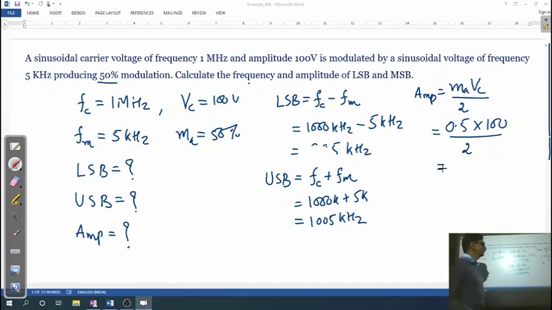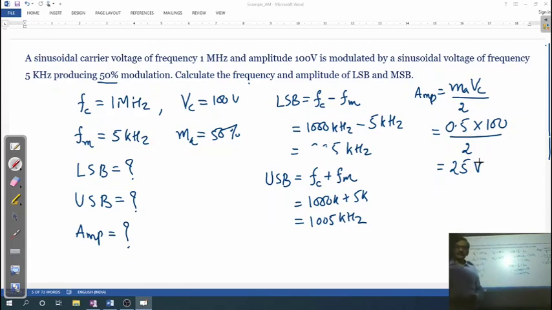So it comes out to be 0.5 divided by 2, 0.25, and multiplied by 100, so 25 volt. So this is the amplitude of the upper sideband frequency as well as the amplitude of the lower sideband frequency.